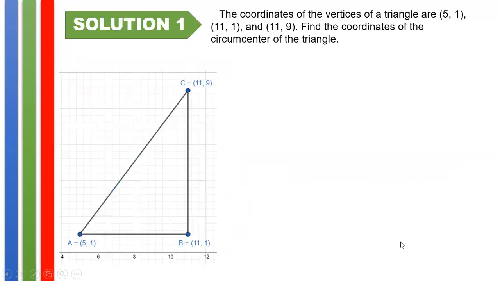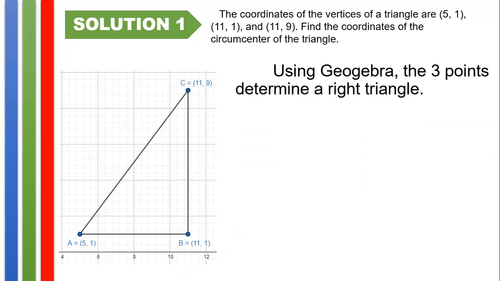Now, I will be revealing two solutions for this. The first solution entails that we plot the three points and draw the triangle.